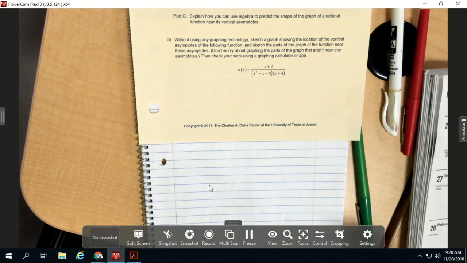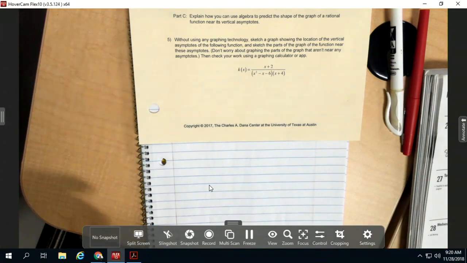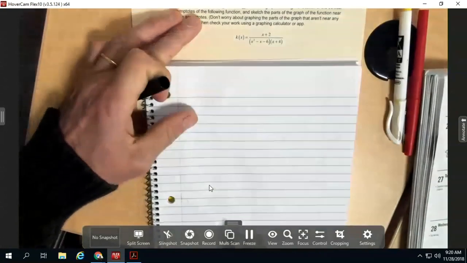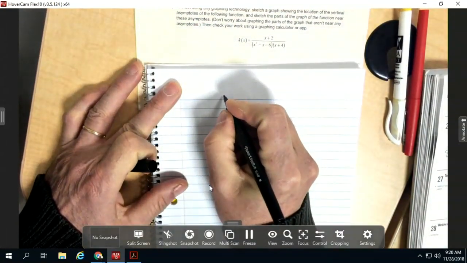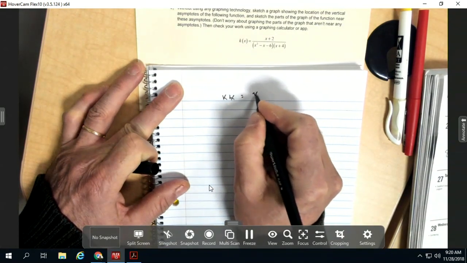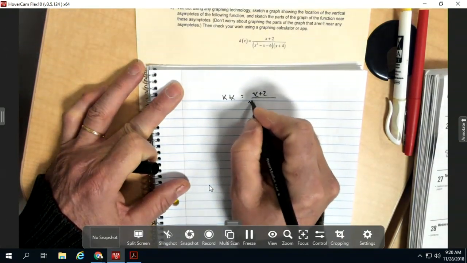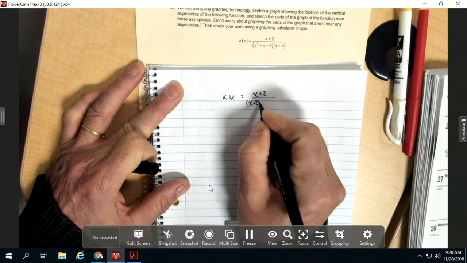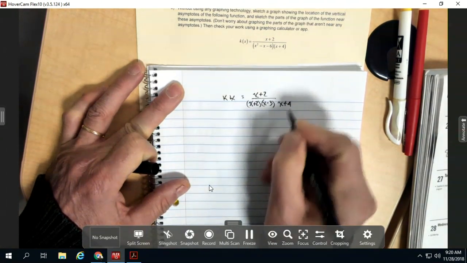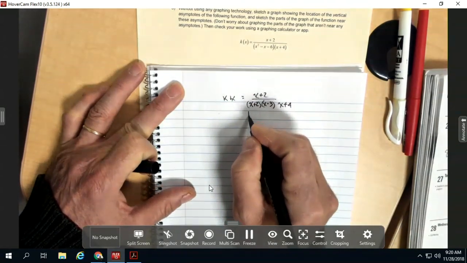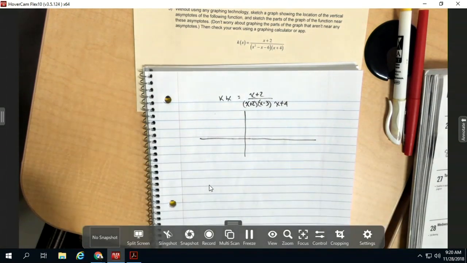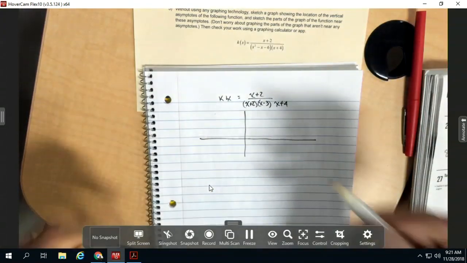So here are the things we ran into when we were graphing this. K of x equals x plus 2 over x plus 2, x minus 3, x plus 4. As we started graphing it, some people forgot about the poles.